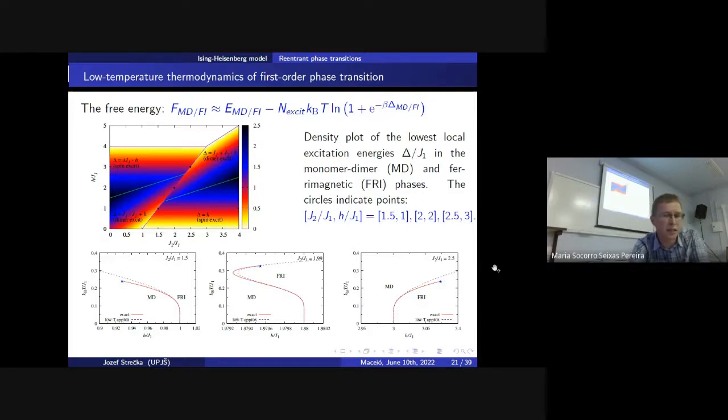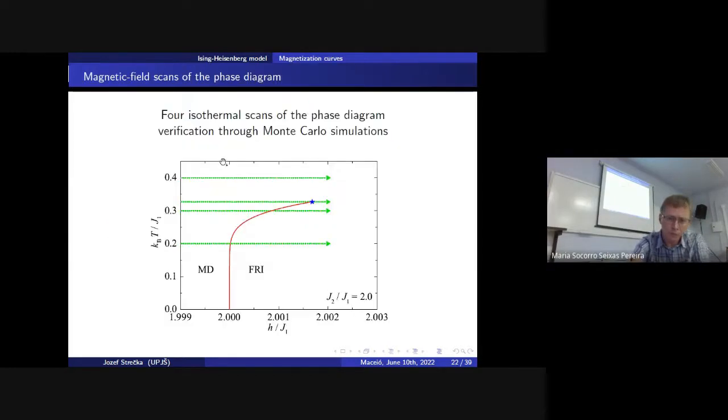And that means that we are even able to understand and explain microscopically the nature of the reentrance phase transition, and why the first order line bends for some parameter space to the left, and why the first order phase transition line bends to the right for the interaction ratio greater than 2.